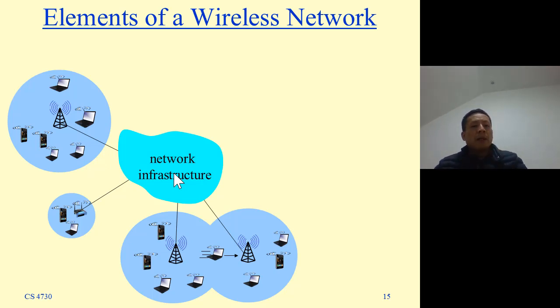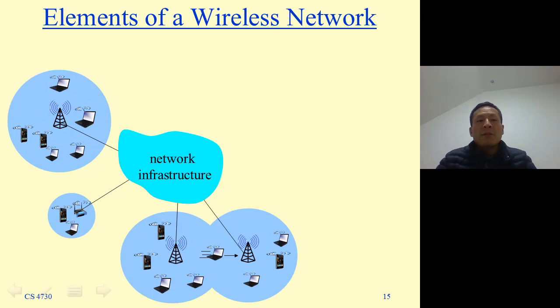Last hop means, for example, from your smartphone or your laptop to the wireless router. Beyond that, it is almost all wired network, which means that the wireless network is always the last hop, as shown in this picture.